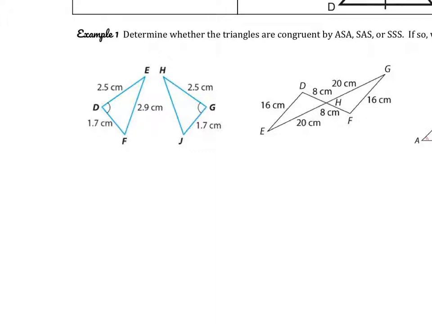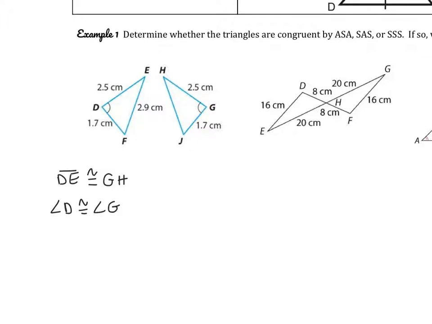So the first thing that I see is that DE is congruent to GH. They're both 2.5. The next thing that I see is that angle D is congruent to angle G. So I'm looking here, here, here, here.